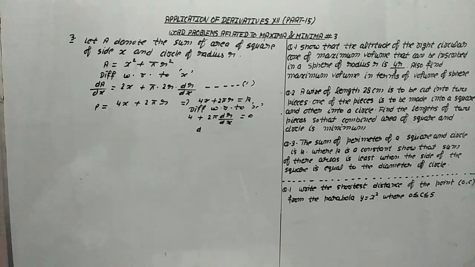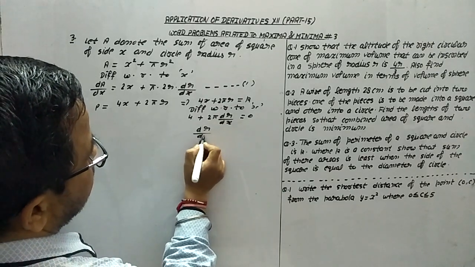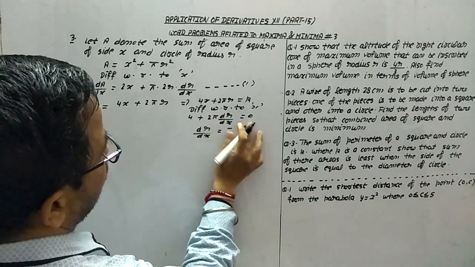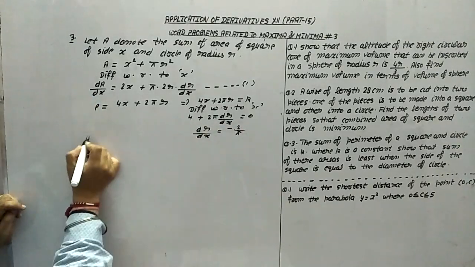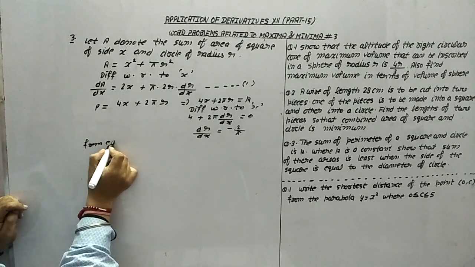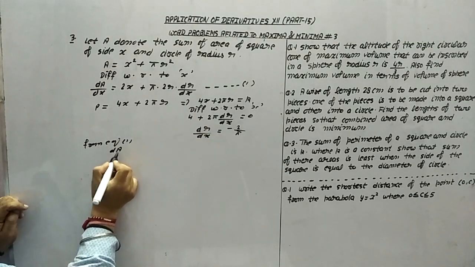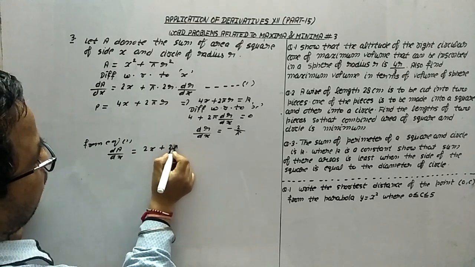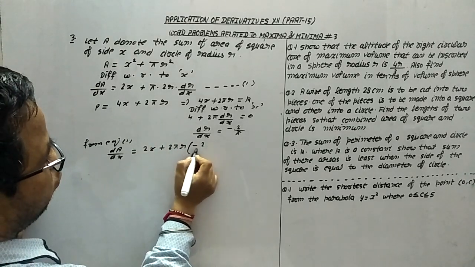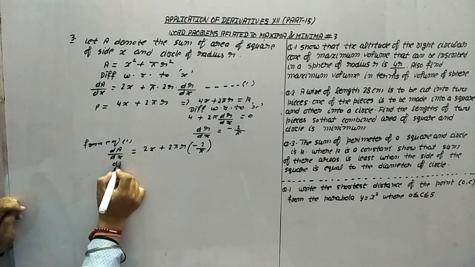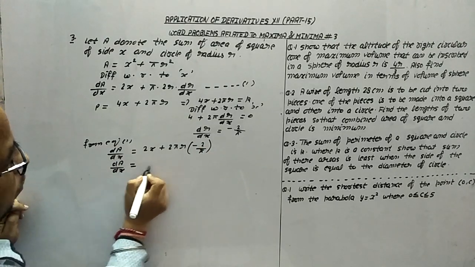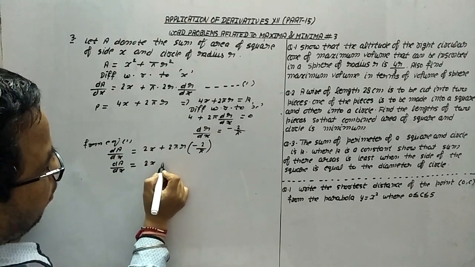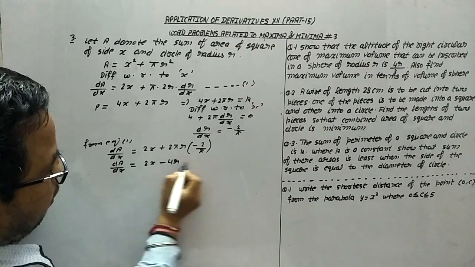It means dr by dx is equal to minus 2 upon pi. Now from equation 1, dA by dx is equal to 2x plus 2 pi r into minus 2 upon pi. It means dA by dx is equal to 2x minus 4r.